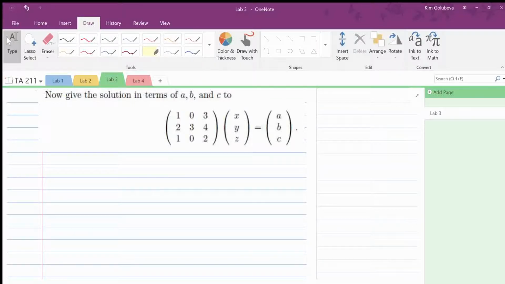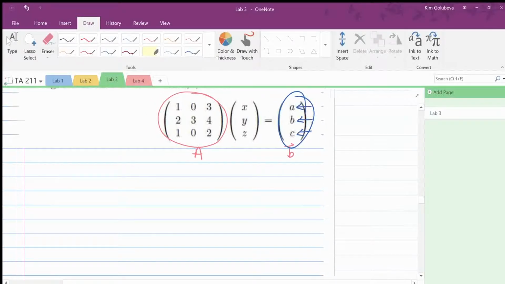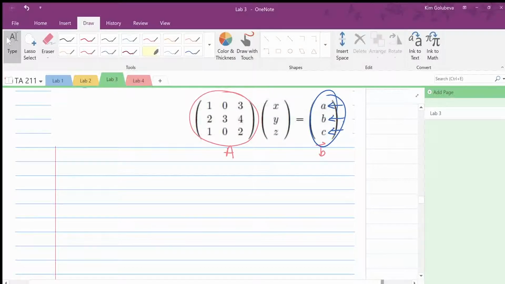So this question is really just an extension of the last question. It has the same A here. A is the same, and we just have a different B value. The B value in this case is in terms of other variables, A, B, and C. So same sort of thing. They're not exact numbers, but you're using the same idea here. So we have A inverse from our last question.